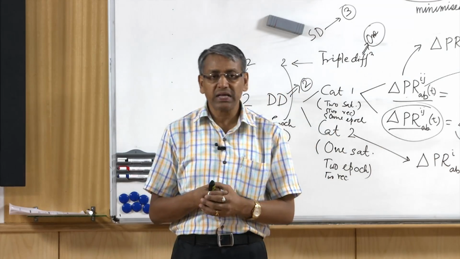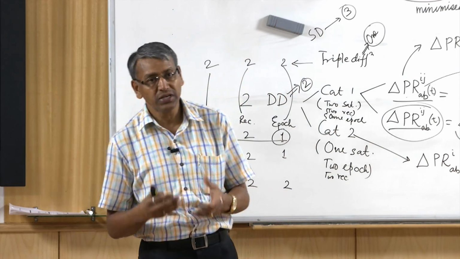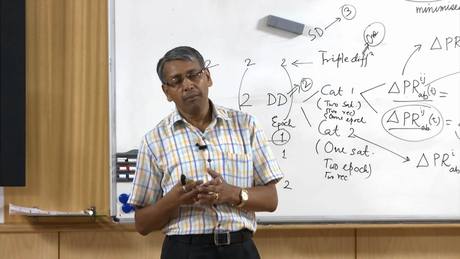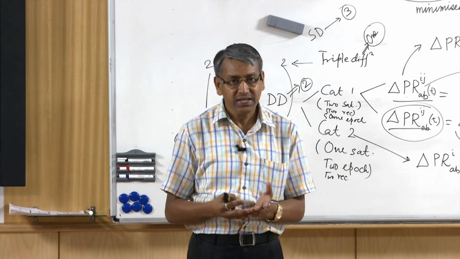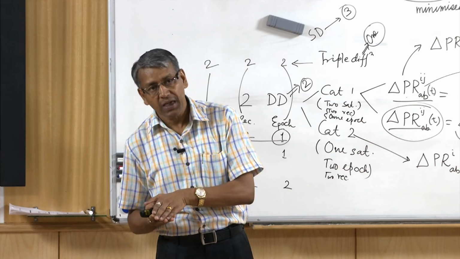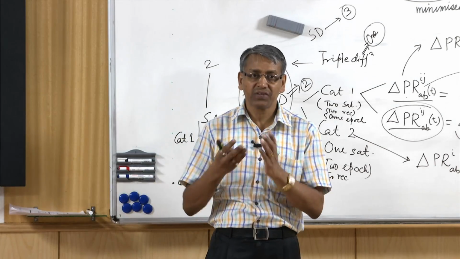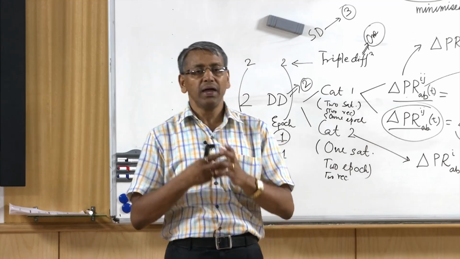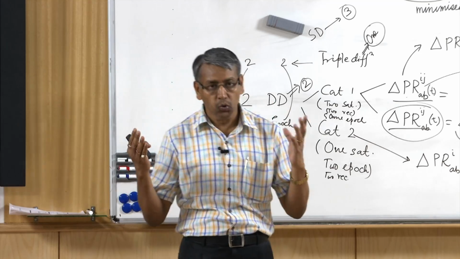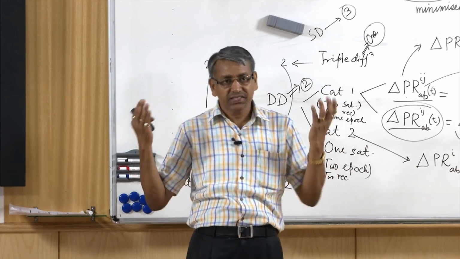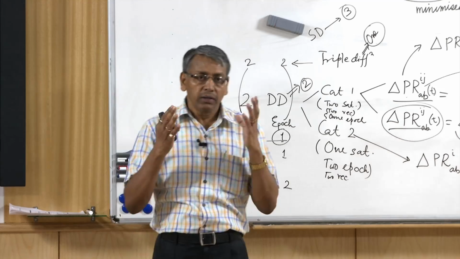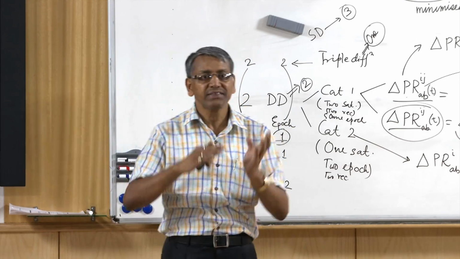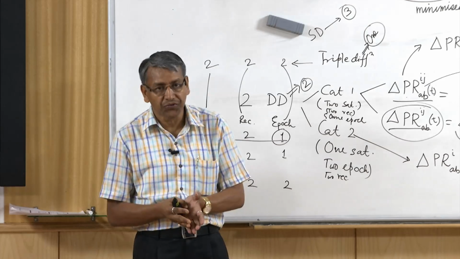The first one is first differencing, in which we take the difference of observables either from 2 satellites coming to the same receiver at the same epoch, or the observables coming from a single satellite but at 2 receivers at the same epoch, or the observables coming from the same satellite at different epochs to the same receiver.